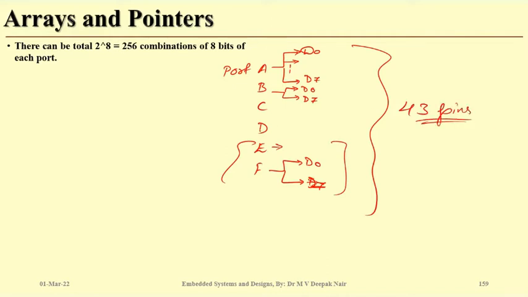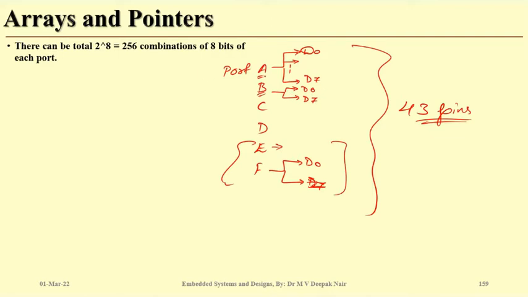Here we have 6 ports, so 6 times 8 is 48. But actually it is not 48 pins which are available for us. 5 are not available with port E and F. The rest, A, B, C, D, they all have 8 lines.